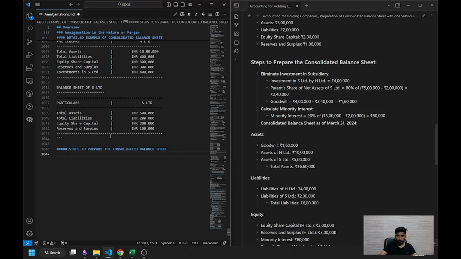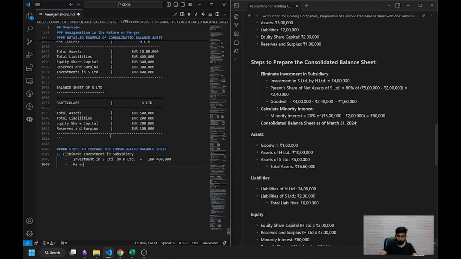Number one is to eliminate investment in subsidiary. How to do that? Investment in S Limited by H Limited is rupees 4 lakhs.